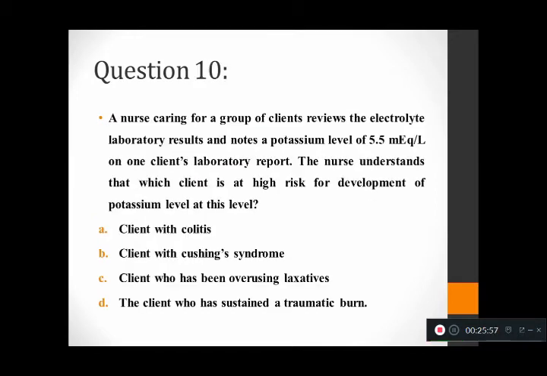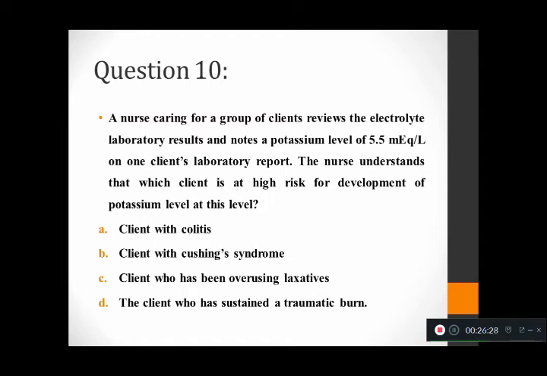We go to the last question of this video. A nurse caring for a group of clients reviews the electrolyte laboratory results and notes a potassium level of 5.5 milliequivalent per liter on the client's laboratory report. So the patient is having hyperkalemia. The nurse understands that which client is at high risk for development of a potassium level at this level.